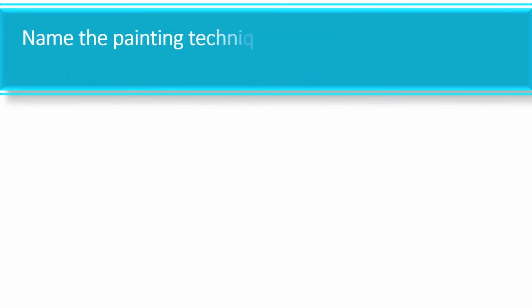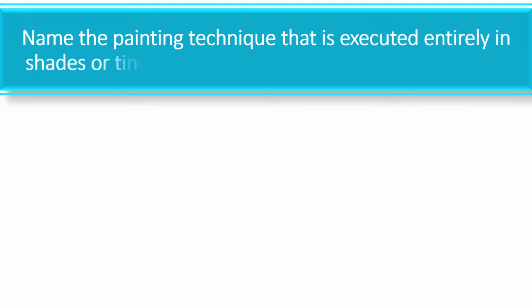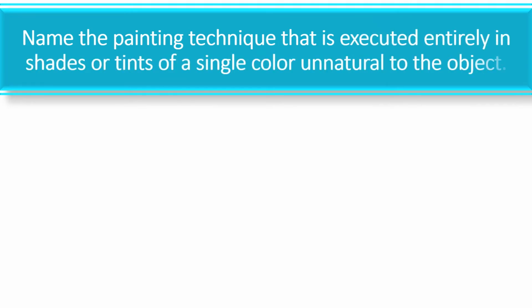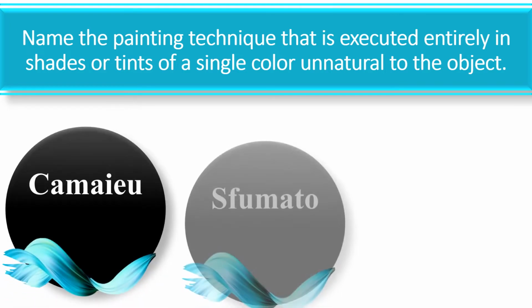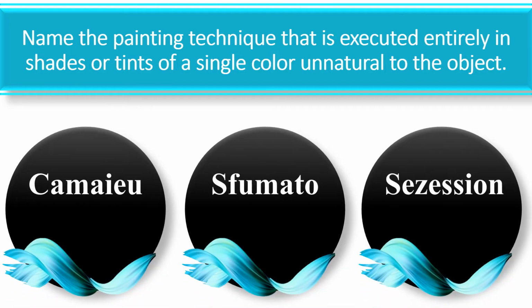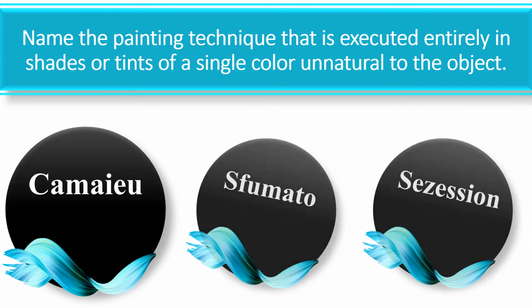Name the painting technique that is executed entirely in shades or tints of a single color unnatural to the object. Camaïeu, sfumato, secession. Camaïeu.